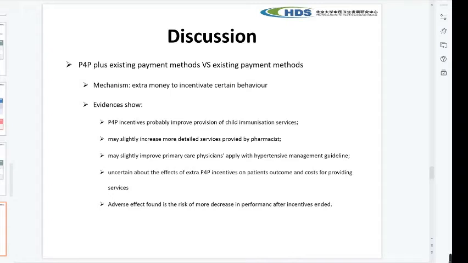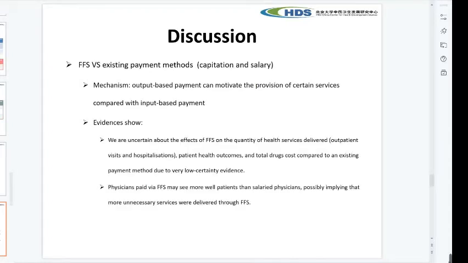So it means that P4P can only work to change the behavior of providers, but we cannot get evidence that it can improve the health status of the patient side. We also found one adverse effect: the risk of a greater decrease in performance after the financial incentive ended.